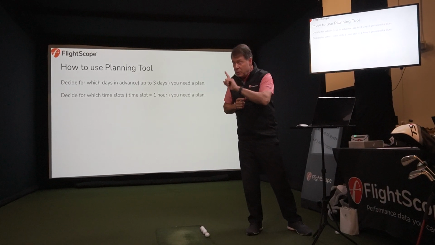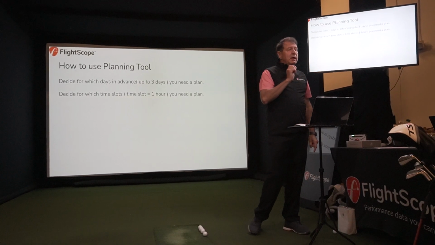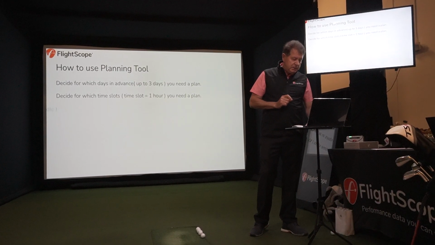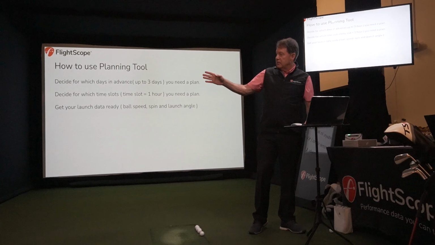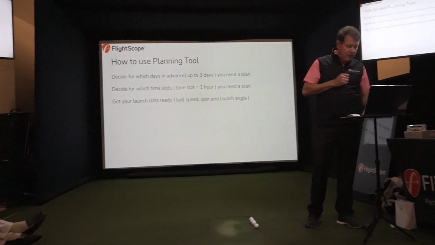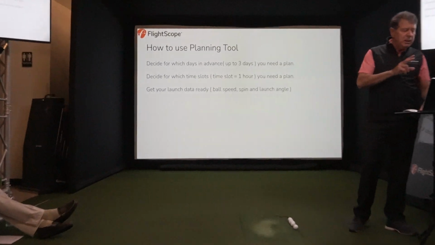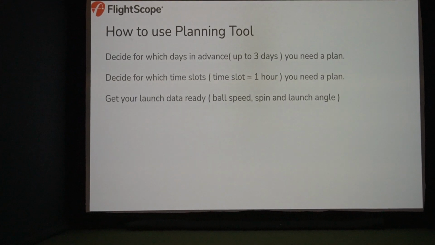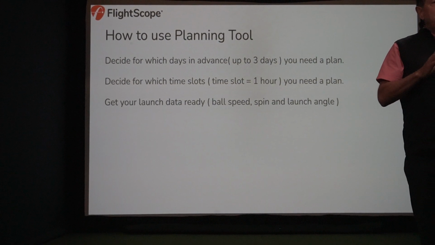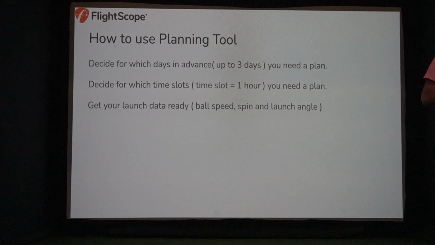But what we can help you with is knowledge so that you can beat your buddies, and you don't have to give the money to them. So we need ball speed, spin and launch angle. If you don't know anything, you can guess it.